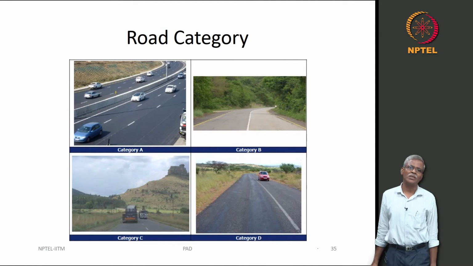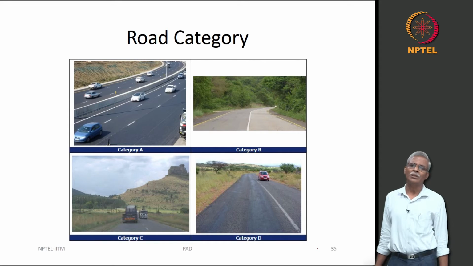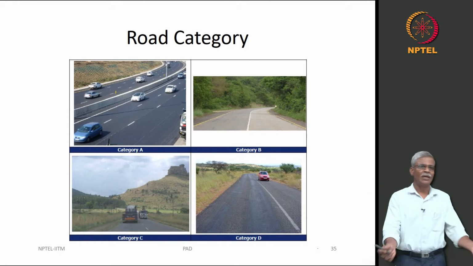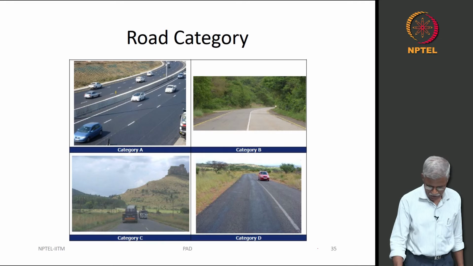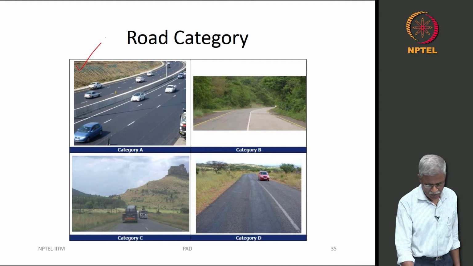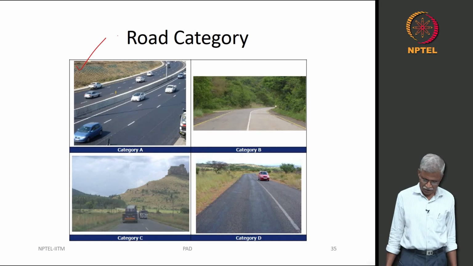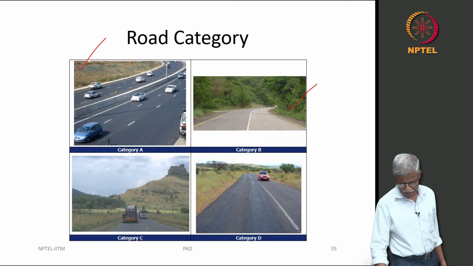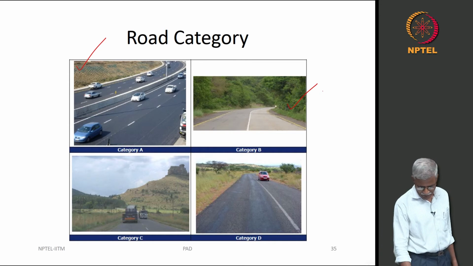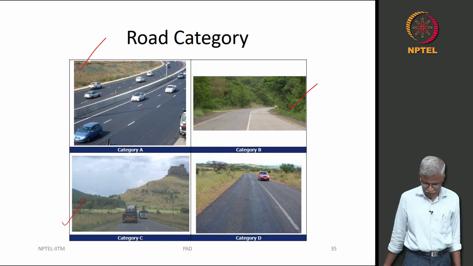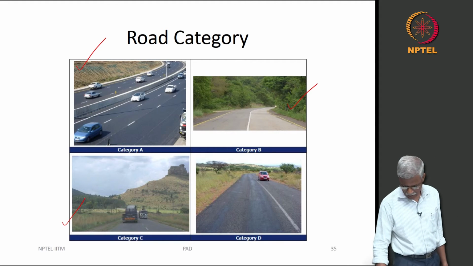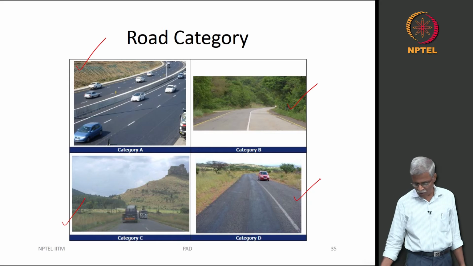So, just to give a snapshot of what these highways look like, I have taken this from the manual. So, this is your category A, what I mentioned as national highways and expressways. This could be category B, state highways, this could be major district road, and this could be village road or farm to market road.